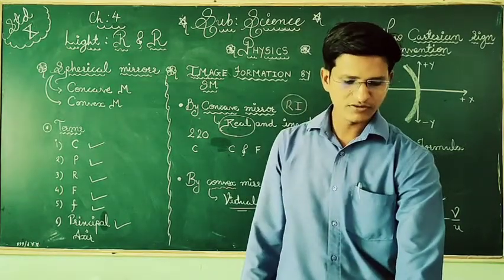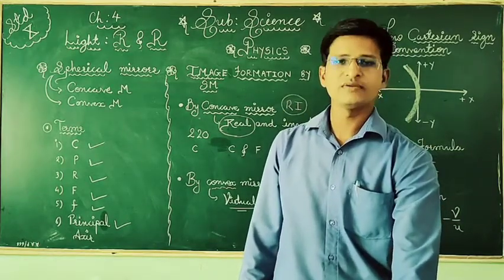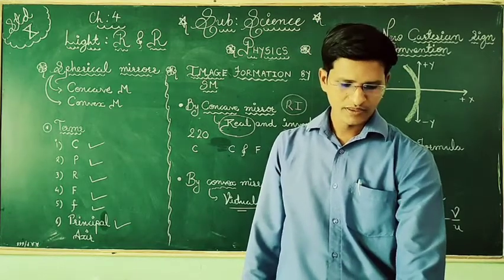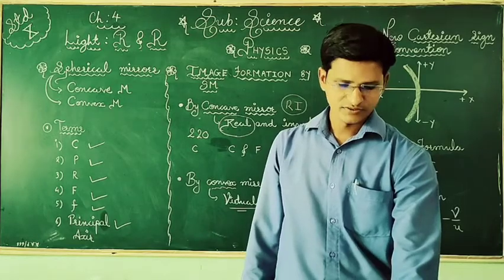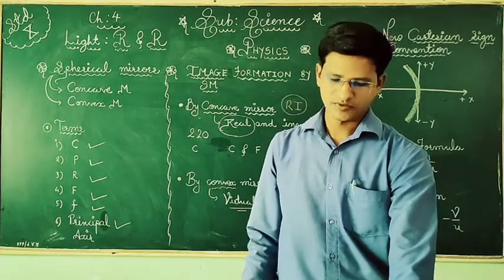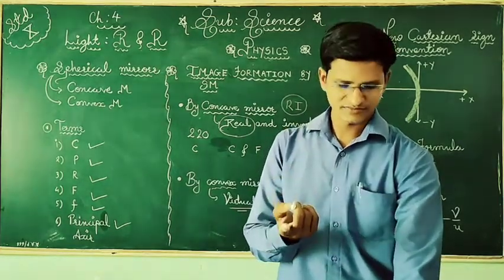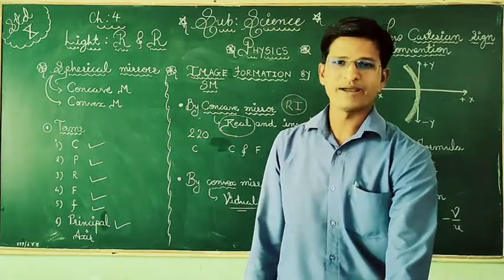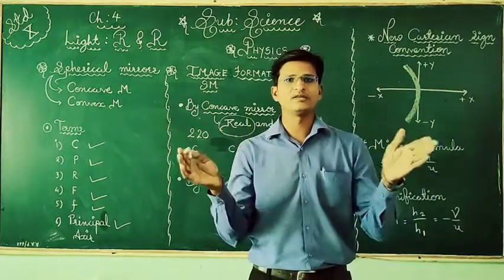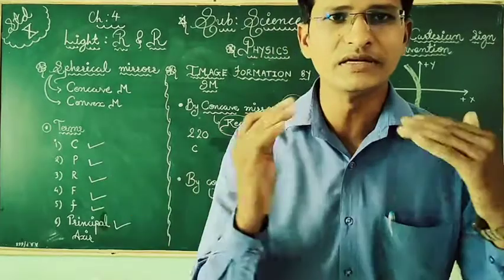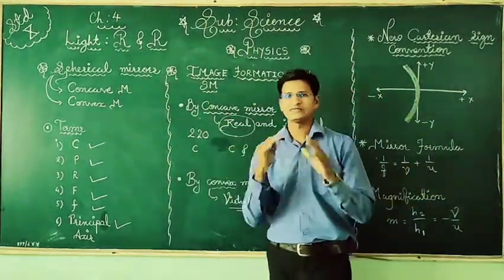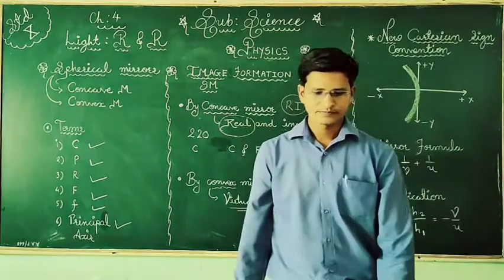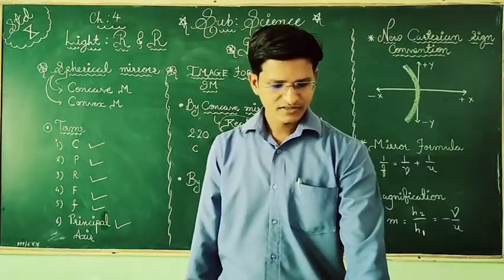In second, the object is beyond C and the image is between C and F. In fourth, the object is between C and F, so the image is beyond C. The image is real, inverted and magnified, means big. If I come near, you will see a big image. If I go far, it will be a small image.